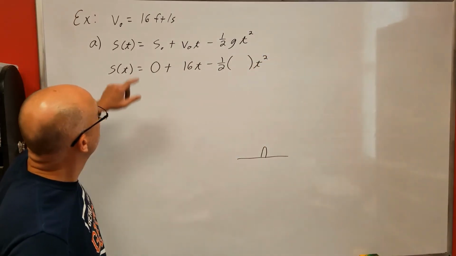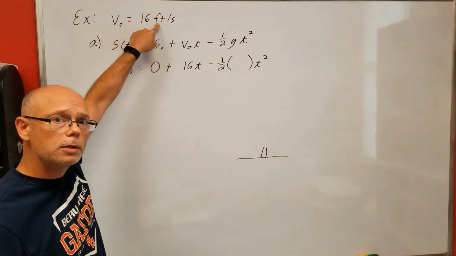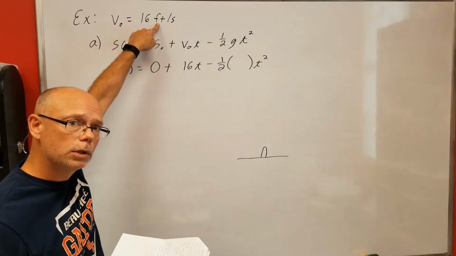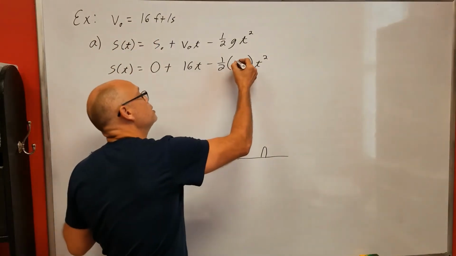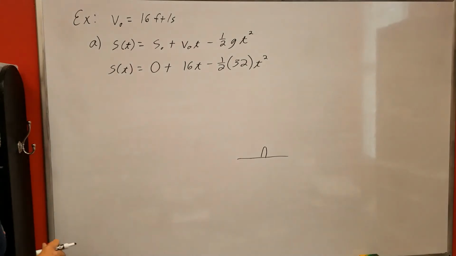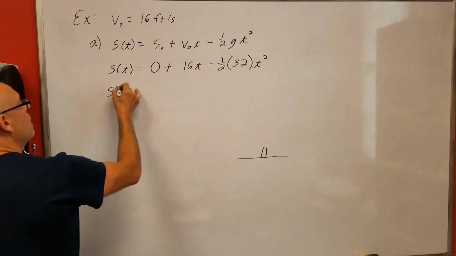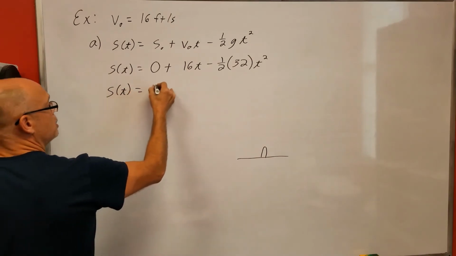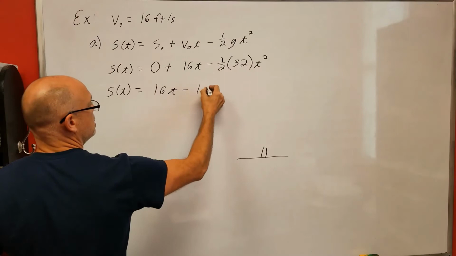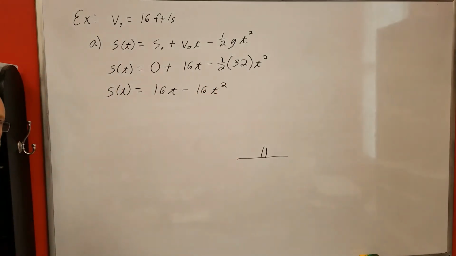Now, I'm looking at feet per second, so I'm going to use the acceleration due to gravity with feet in it. That was 32 feet per second squared. I don't know why I keep forgetting the squared. So S of t is equal to 16t minus 16t squared. There's my position function.